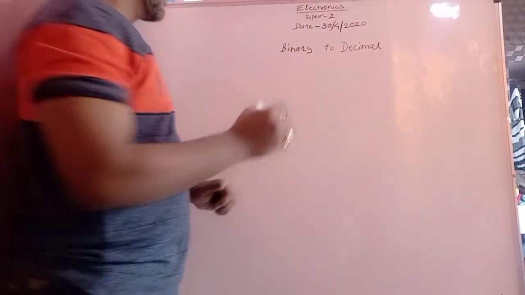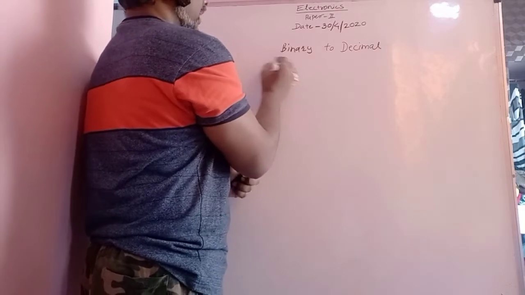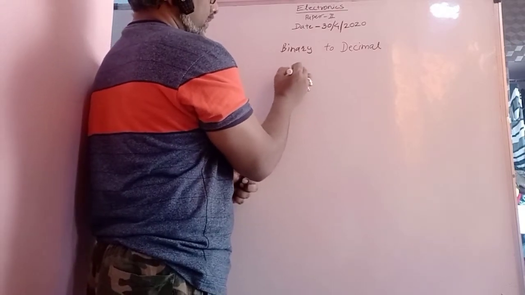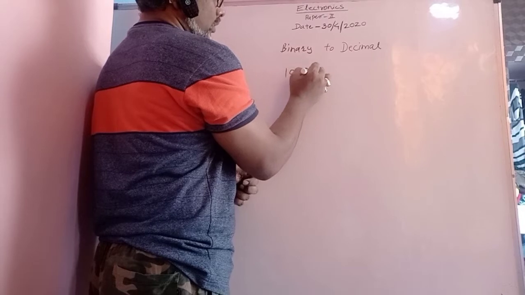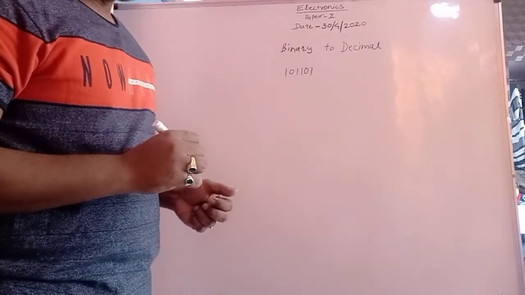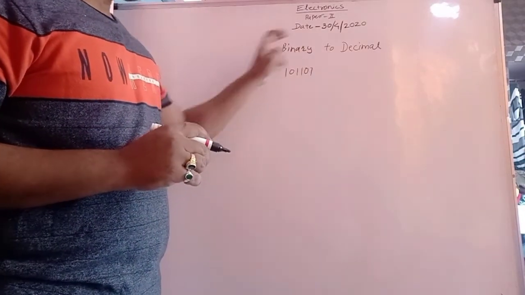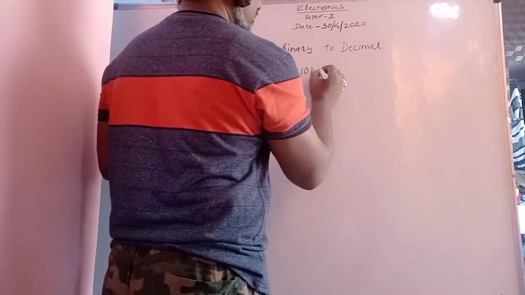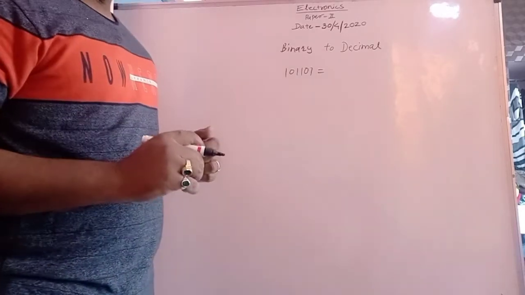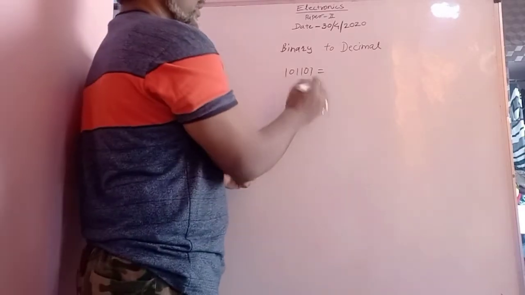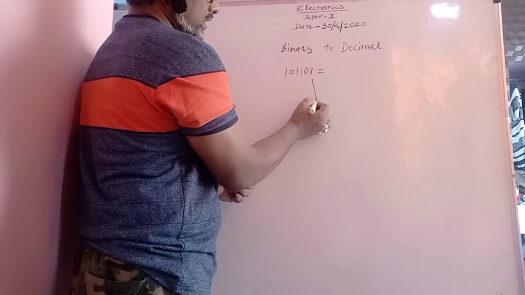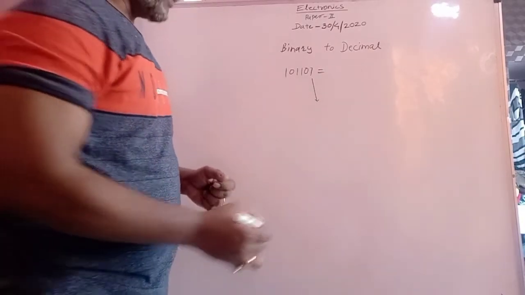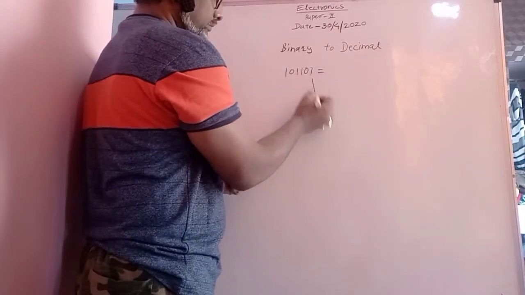Any given binary number can be converted. Suppose given number is 1 0 1 1 0 1 like this. Okay, so this binary number is converted into its equivalent decimal form by using their weights. So you should know the binary weights. So here this is a unit place which is having weight 1.